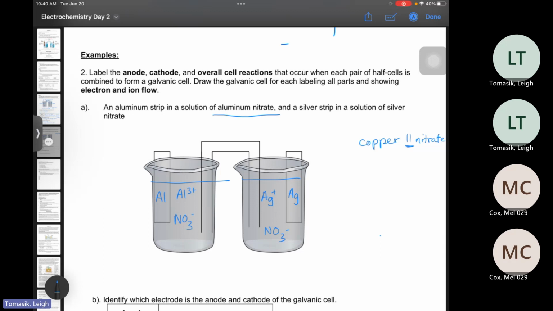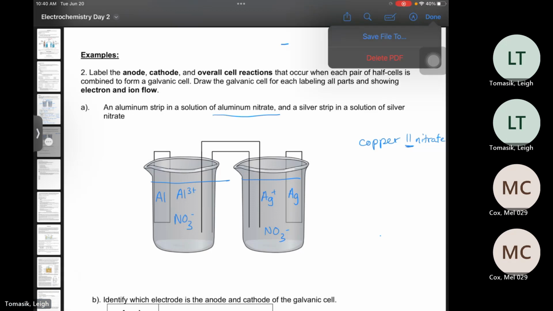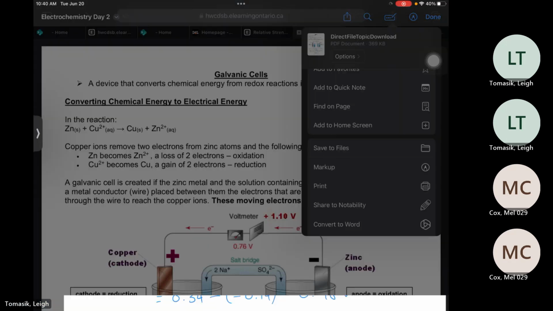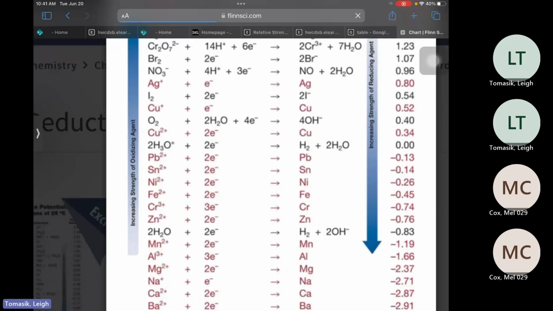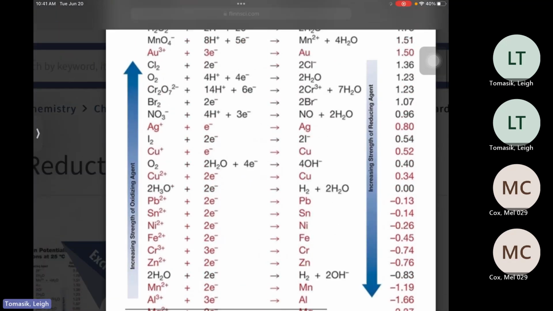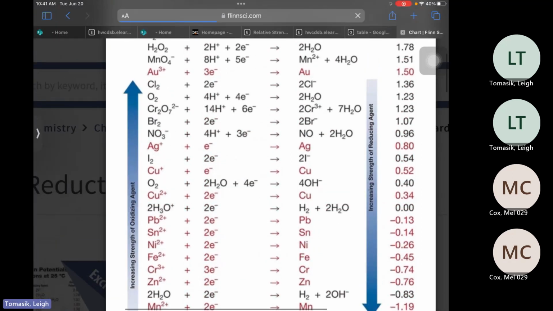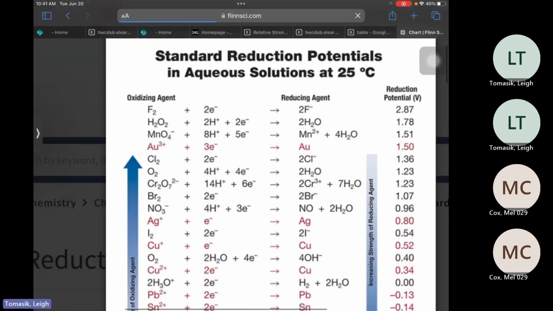So I need to figure out which one of silver or aluminum is my anode. So I'm going to go to my chart. Let's see if I have silver here. I do have silver here. And aluminum.